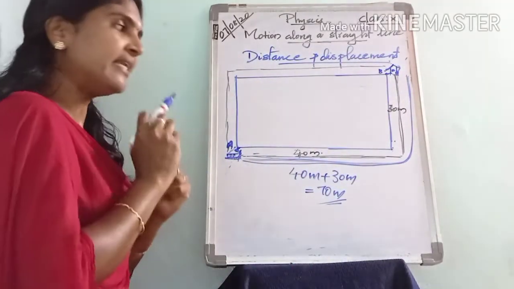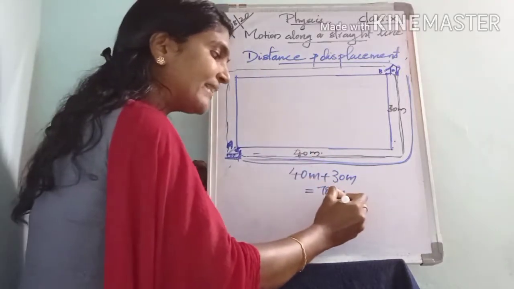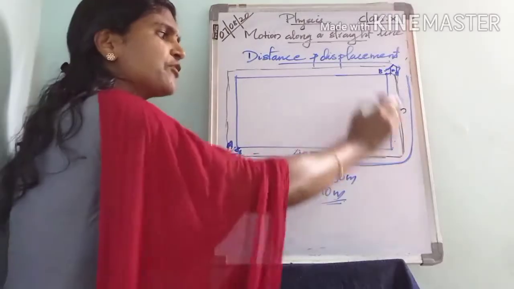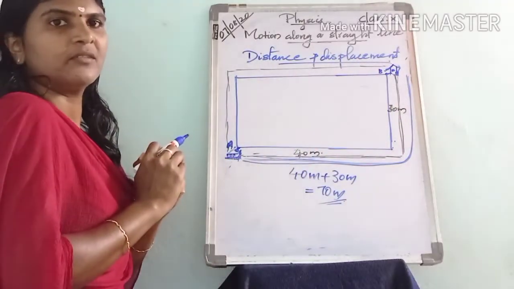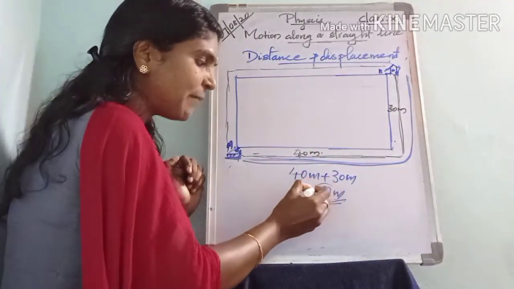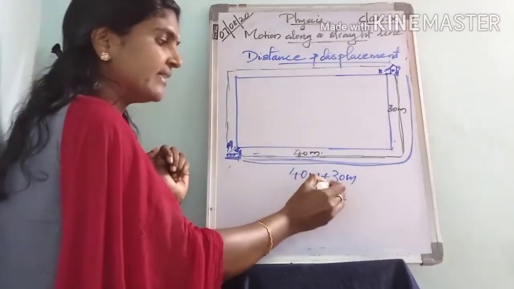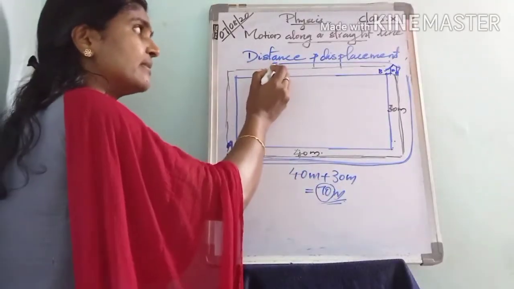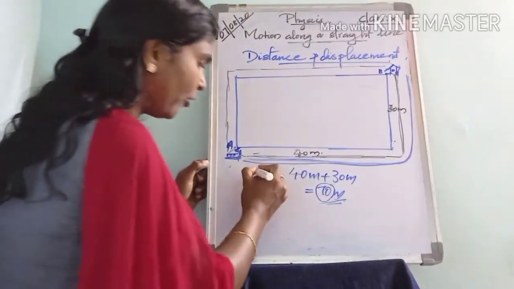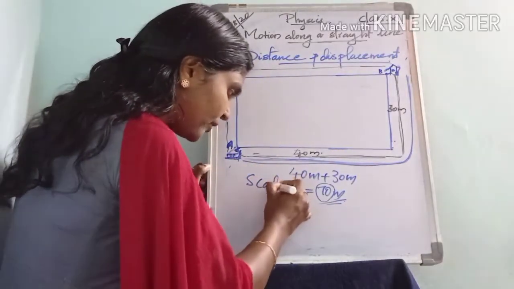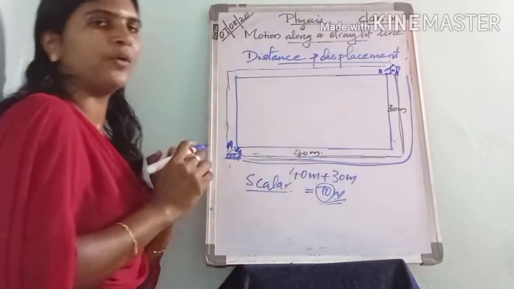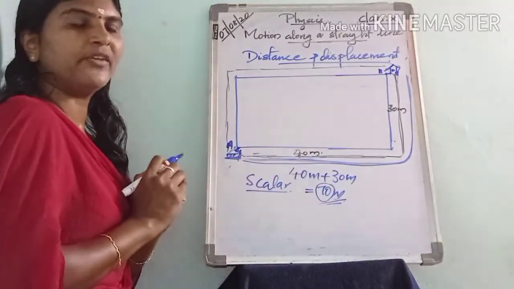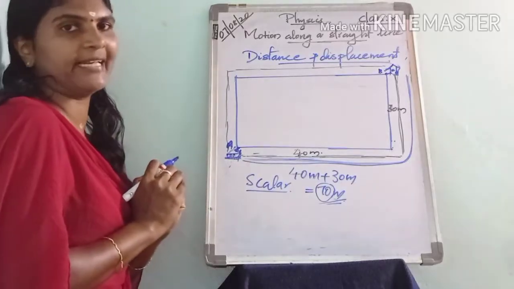Listen, to find the path length, there is no need to specify the direction of motion. We need only its magnitude, that is 70, that is enough. That is why distance comes under the category of scalar. So distance is a scalar quantity because it has only magnitude, and there is no need to specify its direction.